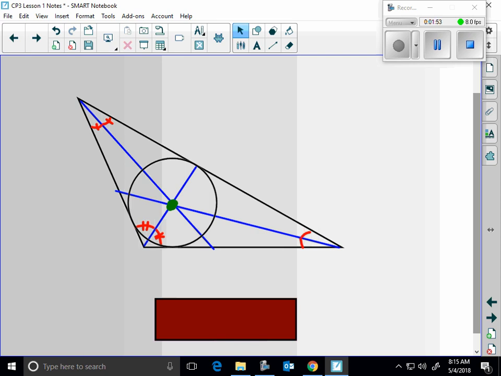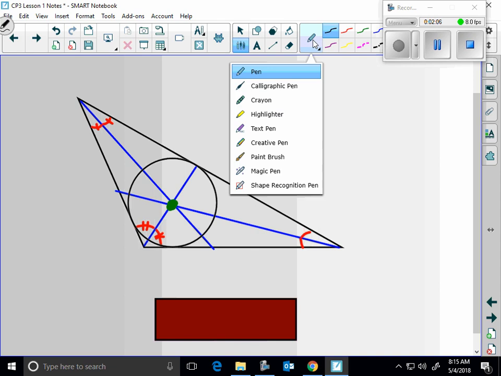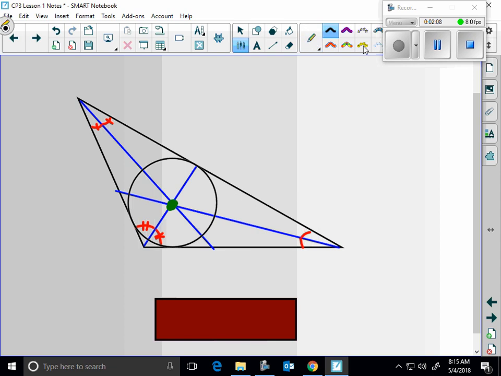Now, watch this. This is kind of cool, too. That point, wouldn't you agree, is equidistant to every point on the edge of that circle? Yeah. So that green point is equidistant from each of these, where the circle touches the edge of the triangle.